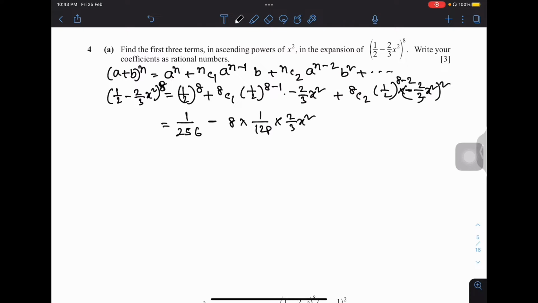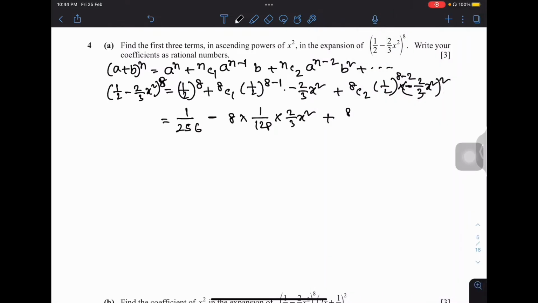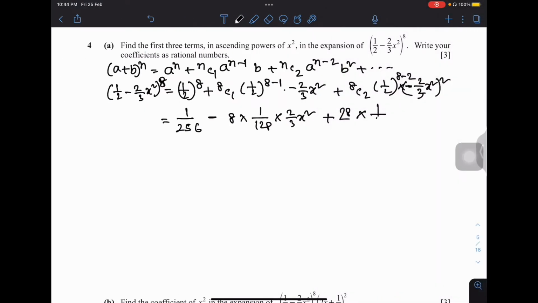If we simplify more, 8C2 is 28 into 1 by 2 to the power 6, 64, into, it will be plus, 4 by 9 x to the power 4, 1 by 256.